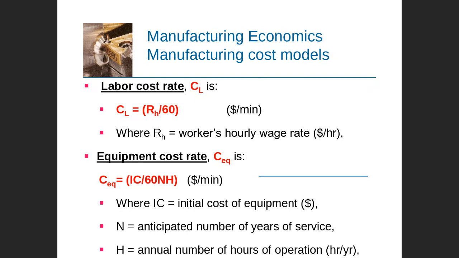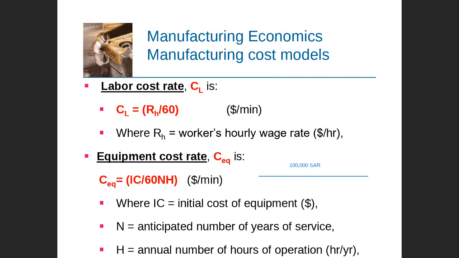Machine cost, for example, 100,000 real or dollar or whatever. So IC is the machine cost, 100,000, divided by, because we need dollar per minute. So we need minutes. This machine is anticipated to work for 7 years. N is the number of years.